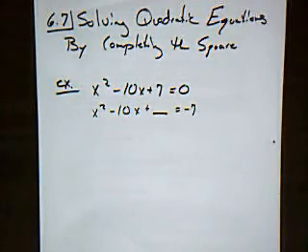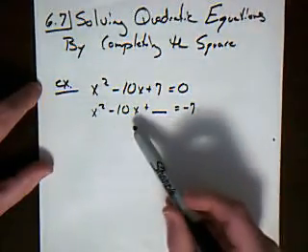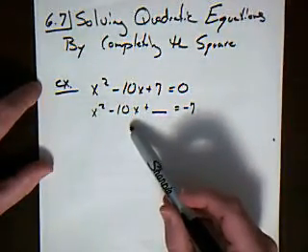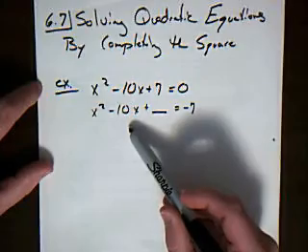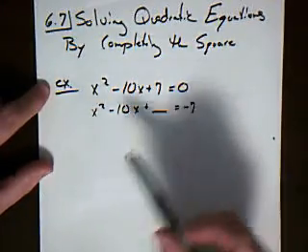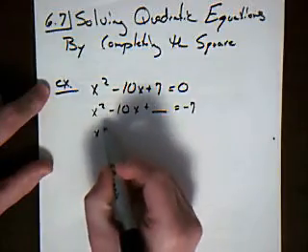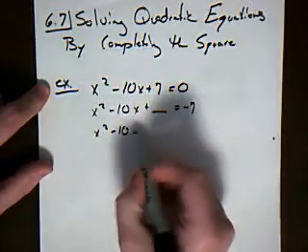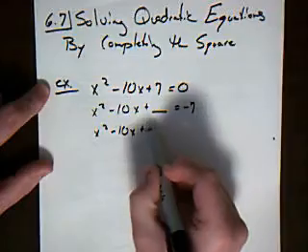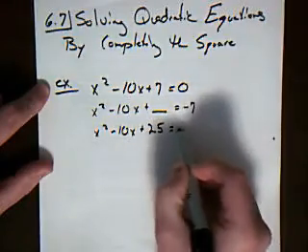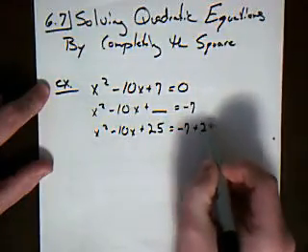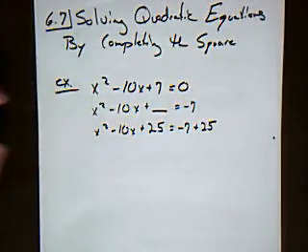The way you do that is you look at your coefficient of x, which here is negative 10. We take half of that, which is negative 5, and then we square that. Negative 5 squared gives you 25. So we're interested in adding 25 to both sides. We're going to have x squared minus 10x plus 25 equaling negative 7, and then we add 25 to that side as well.